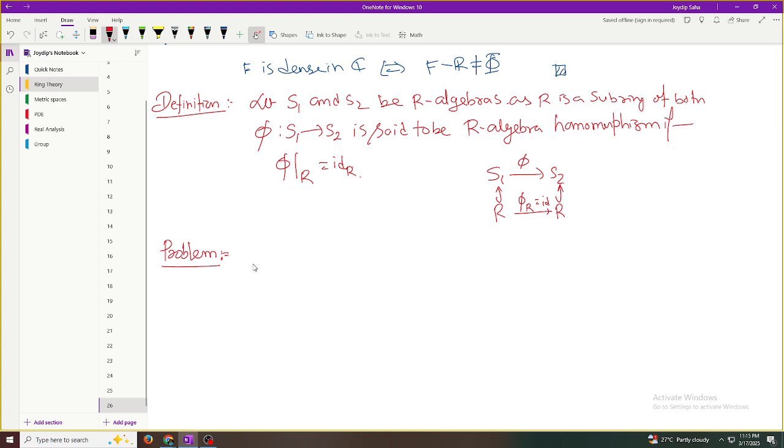I forgot which problem, but there is one. Find the automorphisms of k[x] where k is a field. I think some of you know the problem.